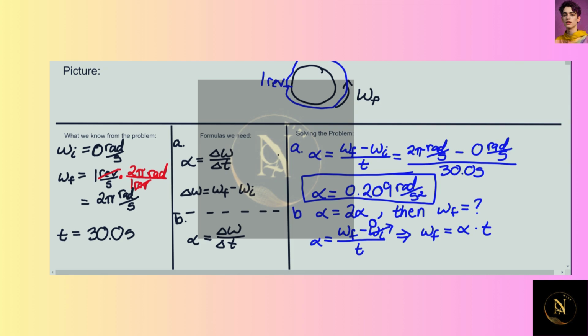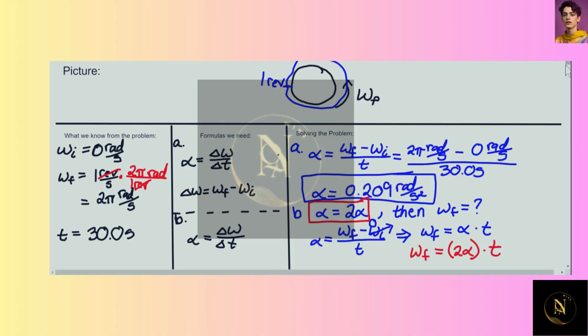Now I have to take into account this part. If I double my alpha, I have to look at omega final equals 2 alpha times t. And now we have to think about what this actually means.